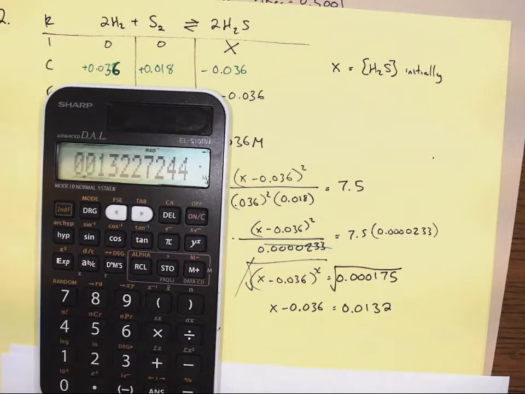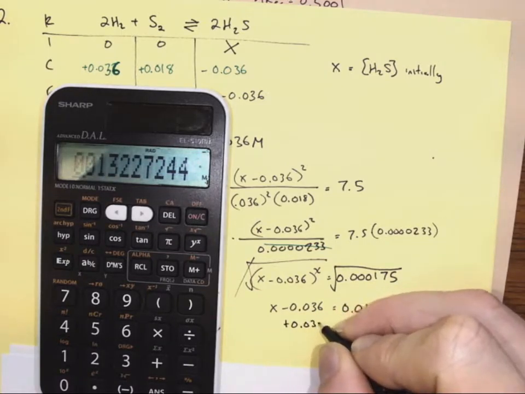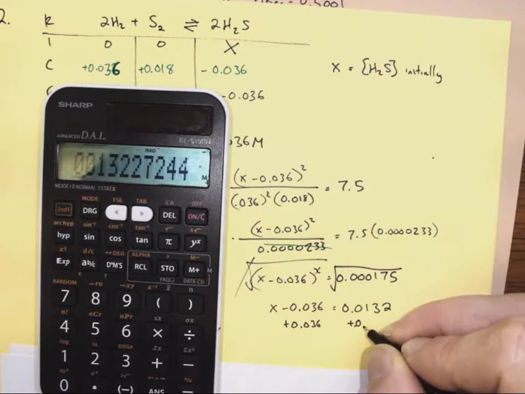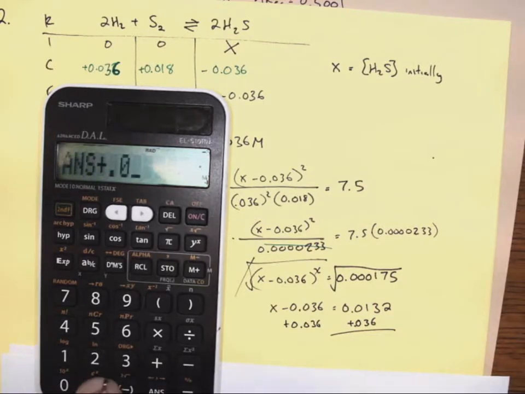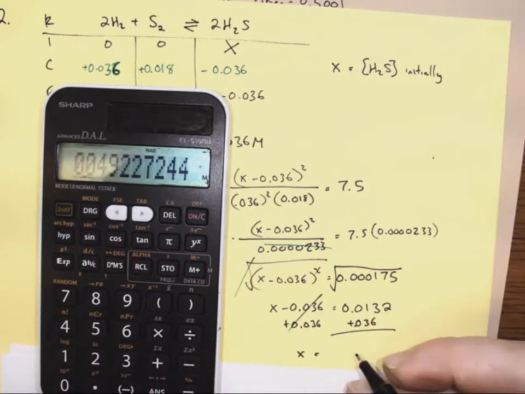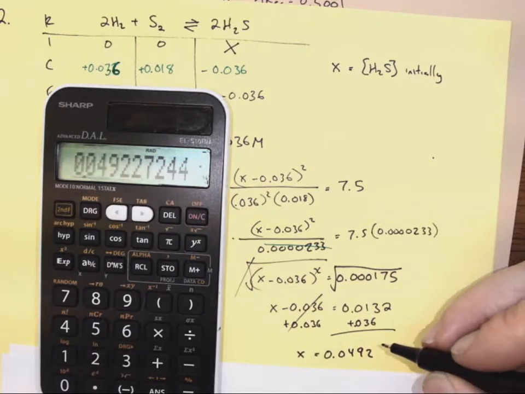And then I can add 0.036 to both sides. I find my x value is 0.0492.